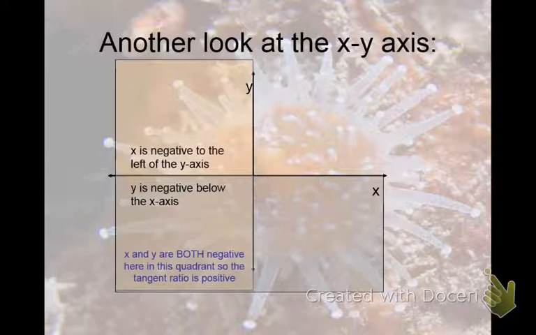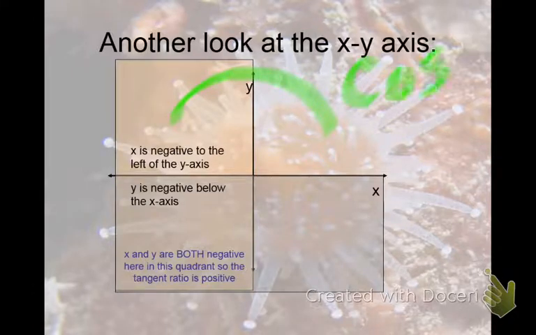And when we looked at before, we looked at sine versus cosine. Well, your calculator is going to give you the answer for cosine in quadrants 1 and 2. It's going to give you the answers for sine in quadrants 1 and 4, and it's going to give you the answers for tangent also in 1 and 4.